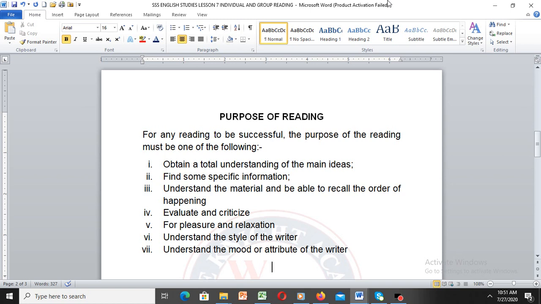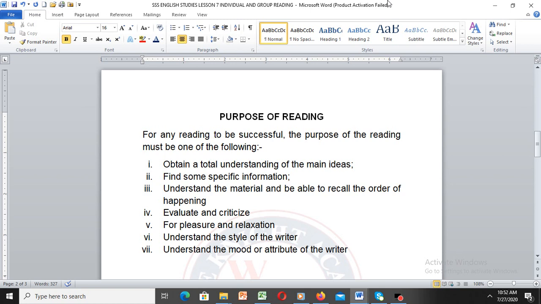Okay? Number two, find some specific information. Give yourself problems and subject yourself to finding solutions to those problems that you've created.